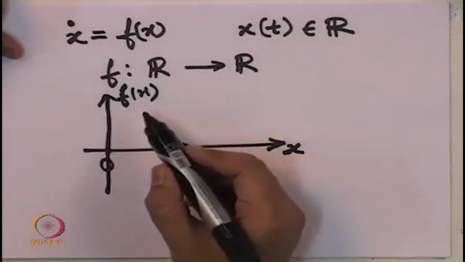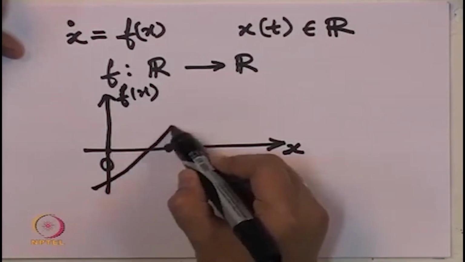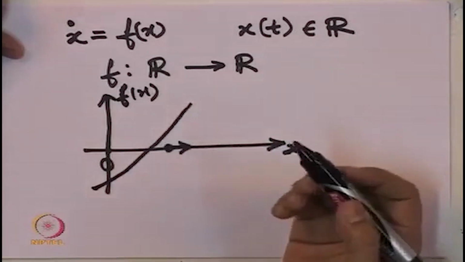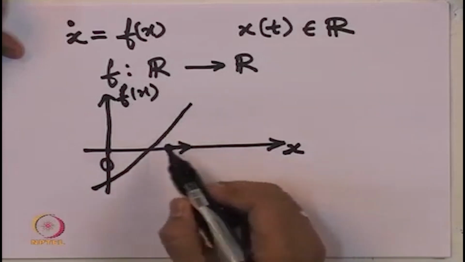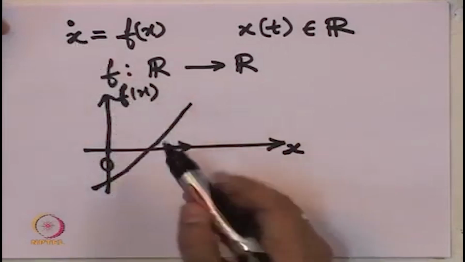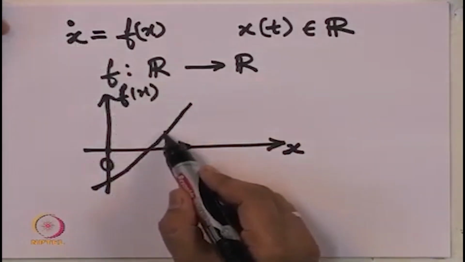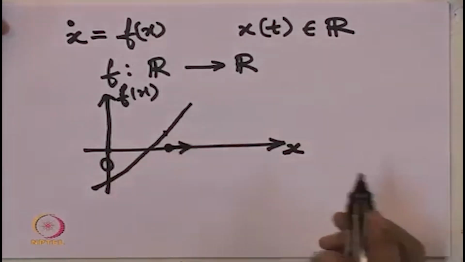So we can draw a graph, and suppose the graph of f versus x is like this. At this point we see that f is positive, and since f of x is exactly x dot, because the value of f is positive at this value of x, we see that x is increasing.